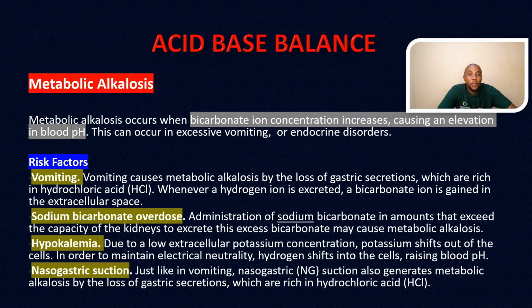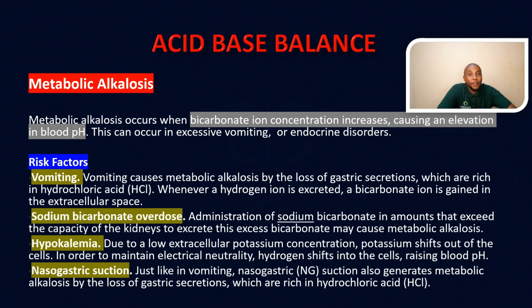Another very common cause of metabolic alkalosis is hypokalemia. That one develops due to low extracellular potassium concentration, whereby potassium shifts out of the cells. So in order to maintain electrical neutrality, hydrogen shifts into the cells, raising the blood pH. That is what is happening in hypokalemia.